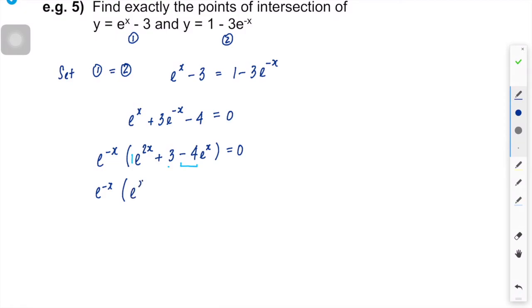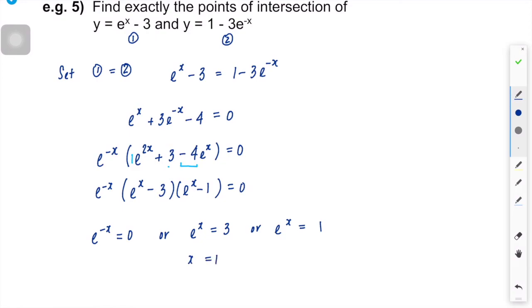So when we factor this, what do you think? We will have a 3 and a 1. We need negative 4 as a sum. So that must be negative for both factors. As a result, you theoretically have e to the power of negative x equals 0, or e to the power of x equals 3, or e to the power of x is equal to 1.